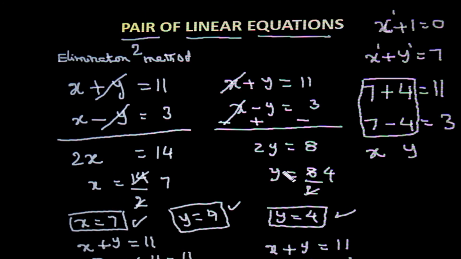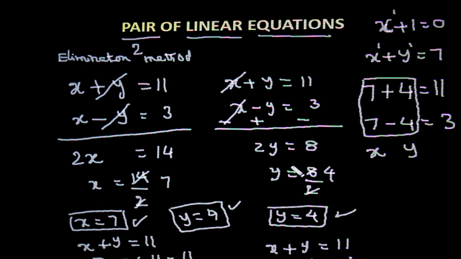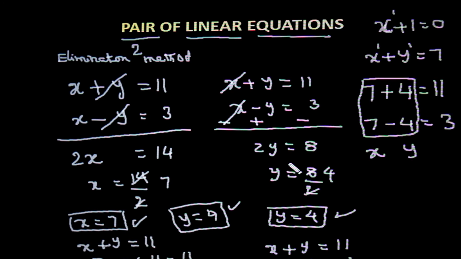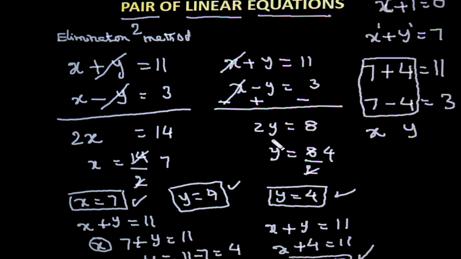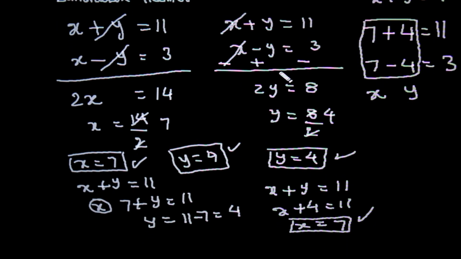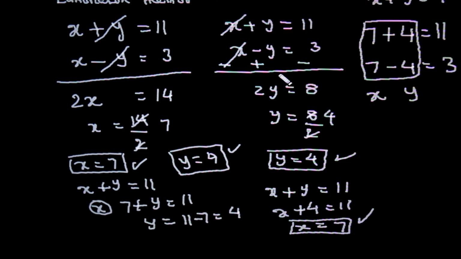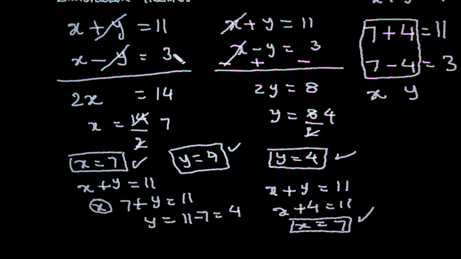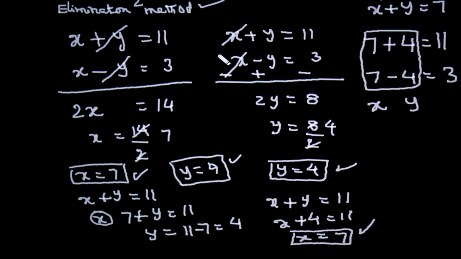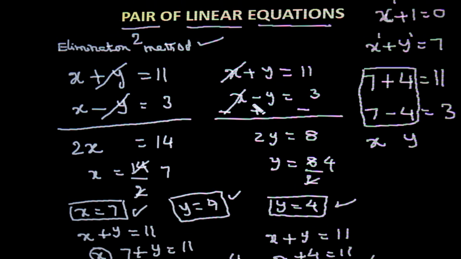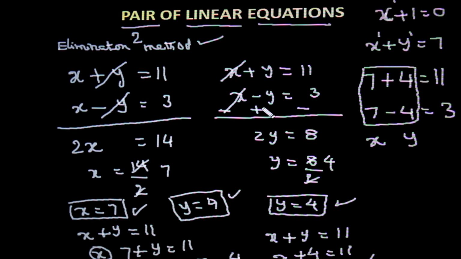Through this concept, you can understand the use of a pair of linear equations and how to do these problems. I will explain one more method. This is called the elimination method, and another one, the substitution method, in the next class.